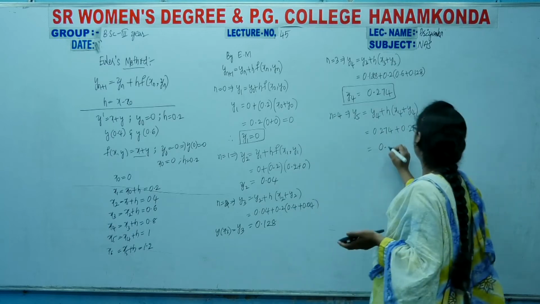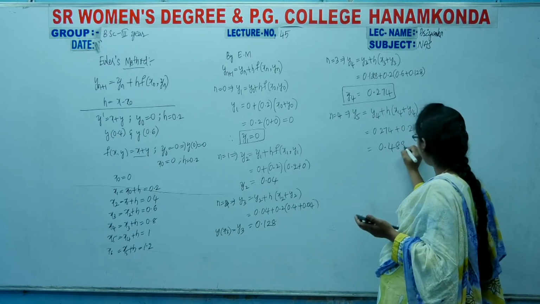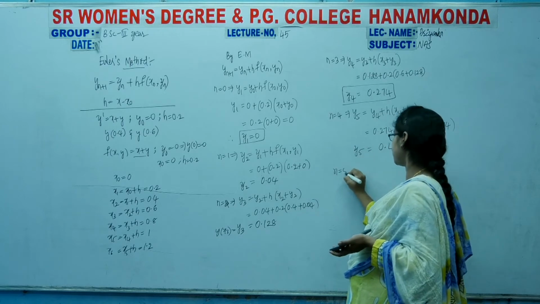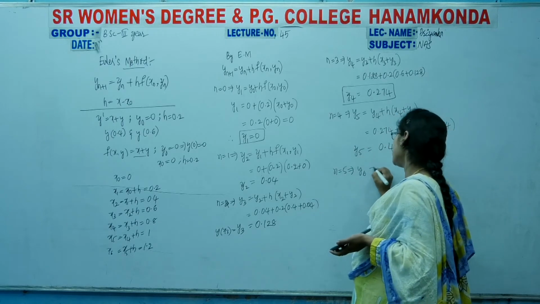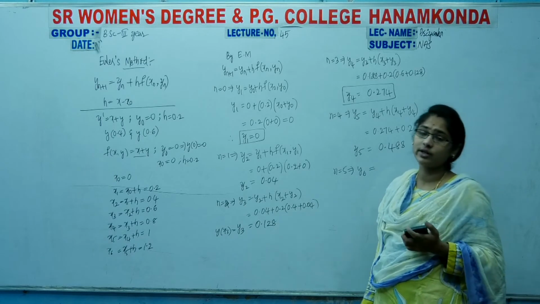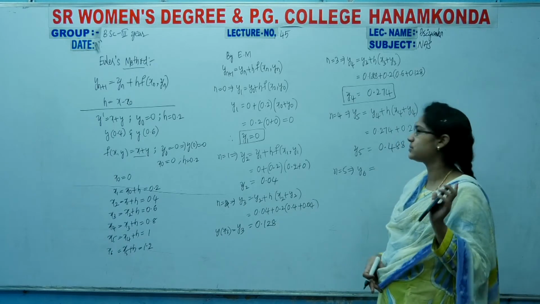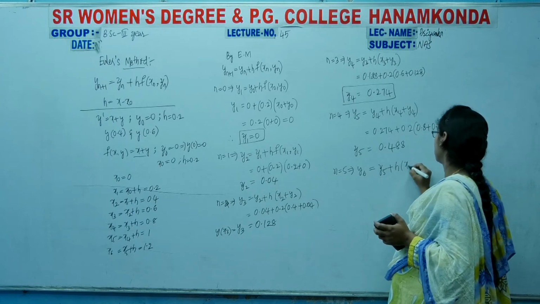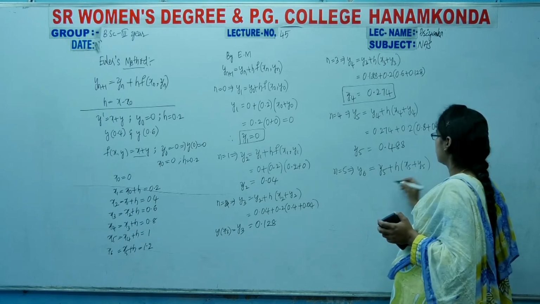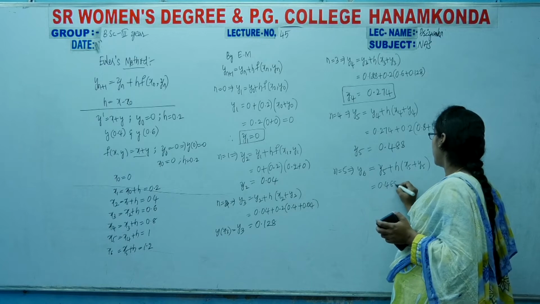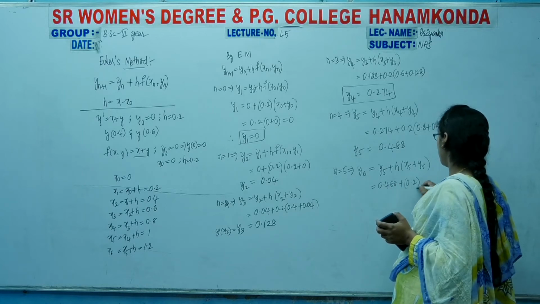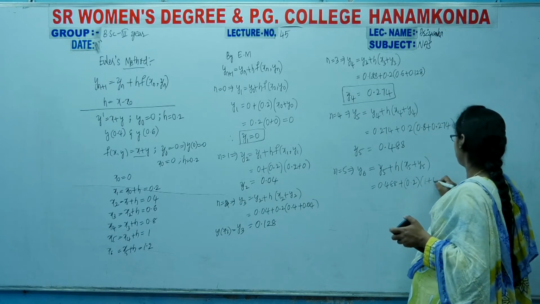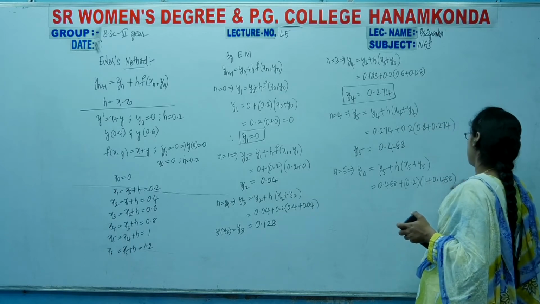0.4888 I have. So 0.488, up to 3 digits I am taking. Last value is y6 because we carry out up to 6 steps. That's why I am calculating up to here. 0.488 plus 0.2 into x5 is 1.8.